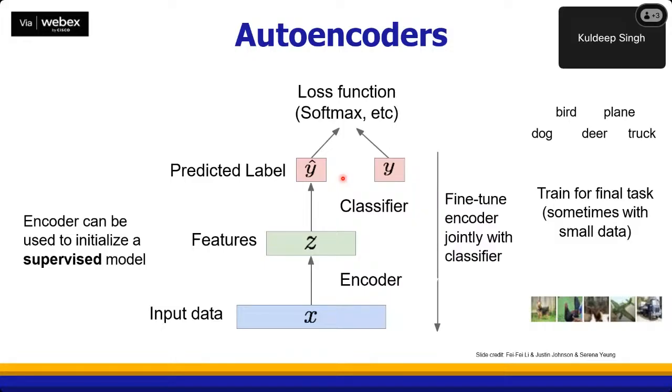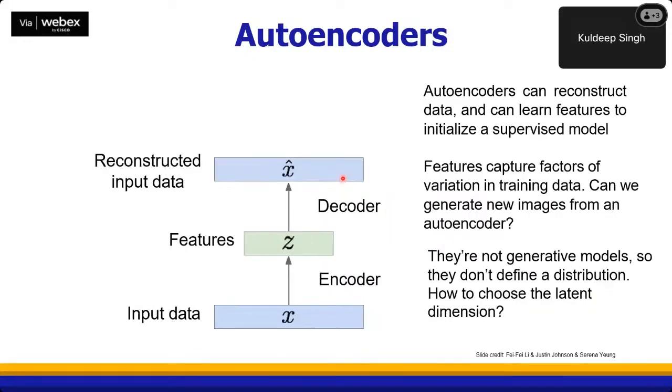So basically, this encoder can be used to initialize a supervised model. We can provide the input data to the encoder, extract features, and then initialize any classifier, which is a supervised kind of model. Fine. So that was one of the utilizations here.